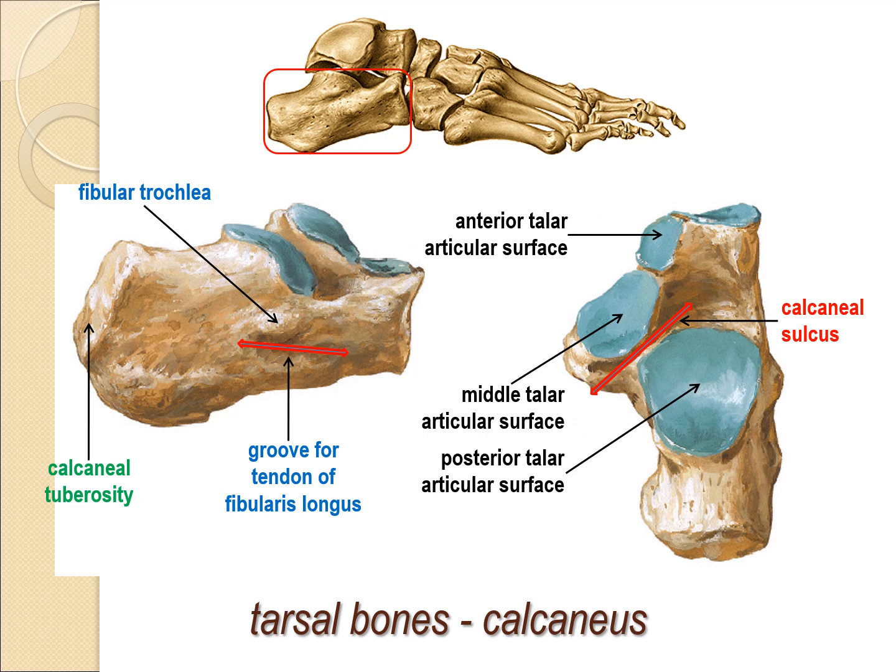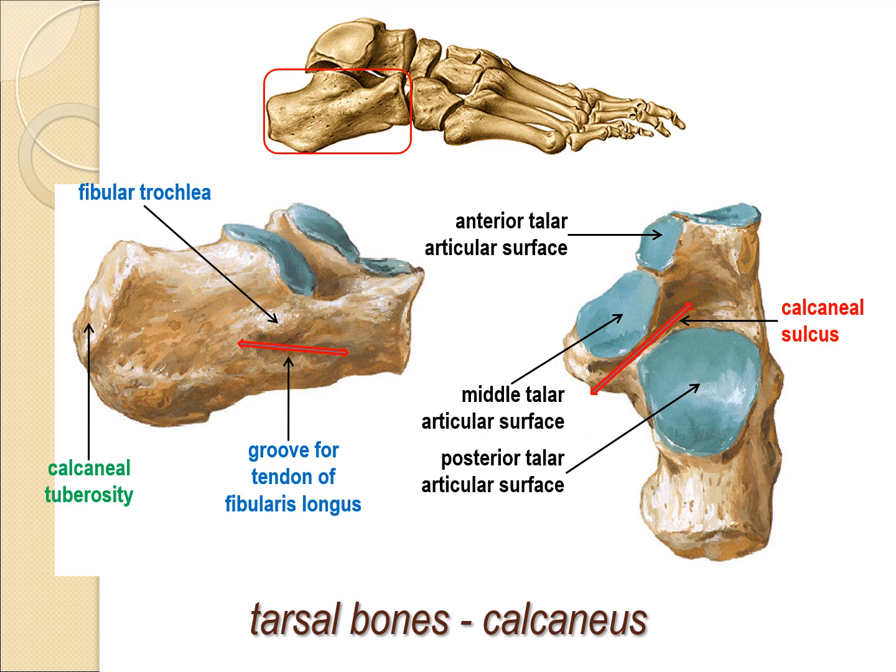At the superior surface are visible 3 different facets for articulation with the inferior surface of talus or ankle bone. The names of these articular surfaces are anterior, middle, and posterior talar articular surface. Between middle and posterior talar articular surfaces is visible calcaneal sulcus.